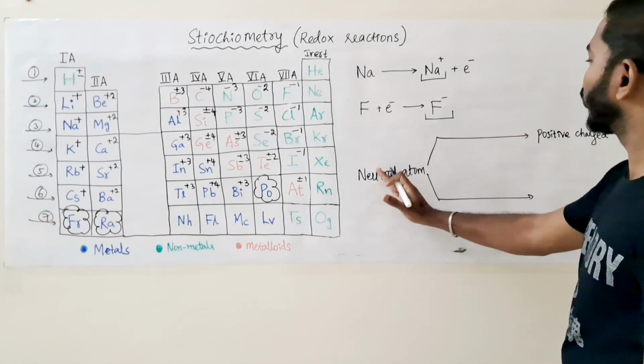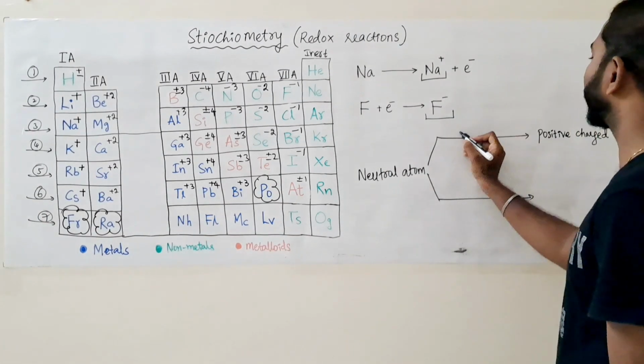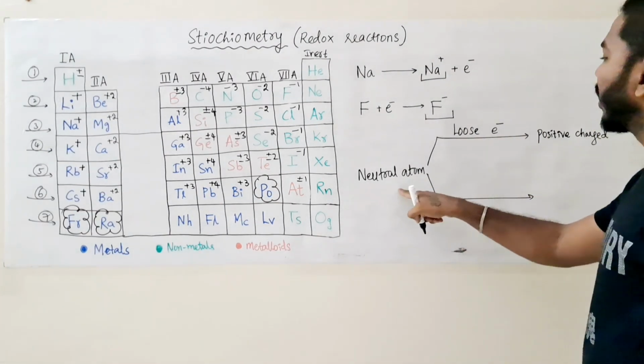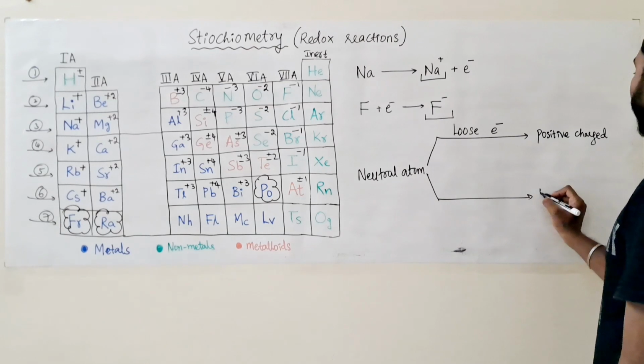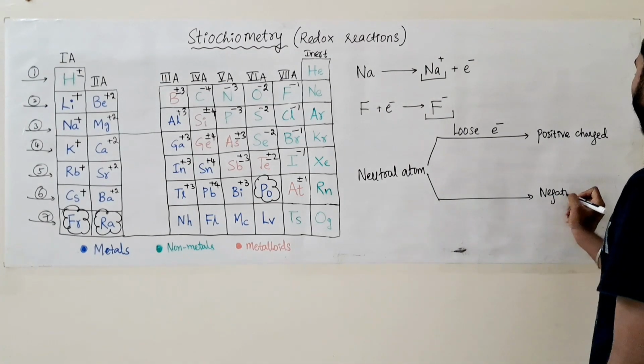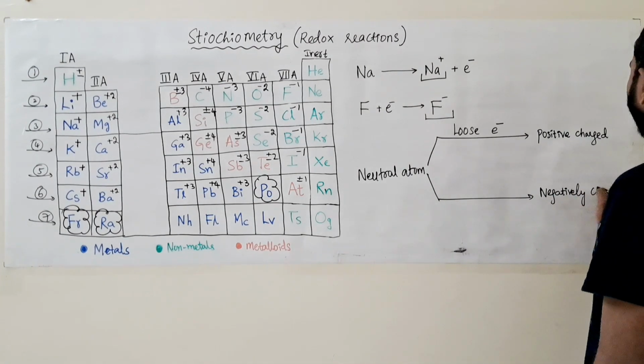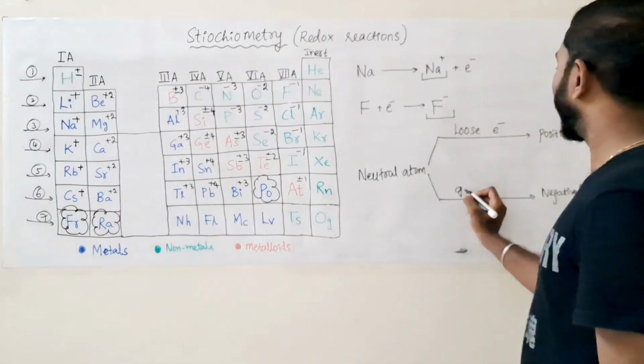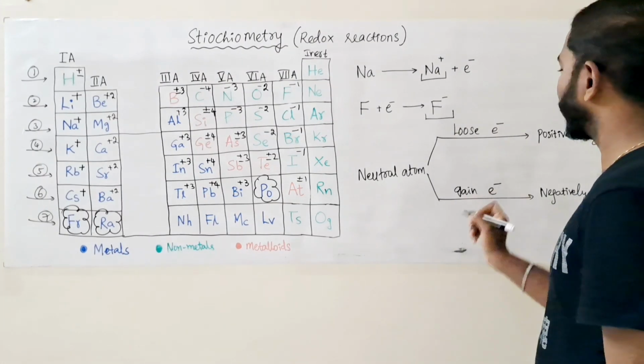When do we expect a neutral atom to become positively charged? When it loses electrons. Similarly, a neutral atom gets negatively charged when it gains electrons.